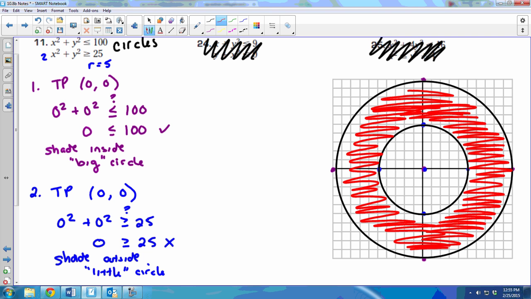It's better because it's a donut. Whatever. Maybe a tire if you want it to be. What if you were supposed to shade inside the big circle and inside the little circle? Where would you shade? You would just shade inside the little circle. You can only shade where the shading overlaps, right? It does look like a glazed donut, doesn't it?